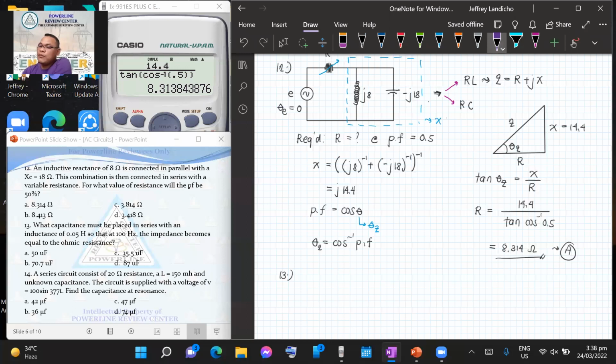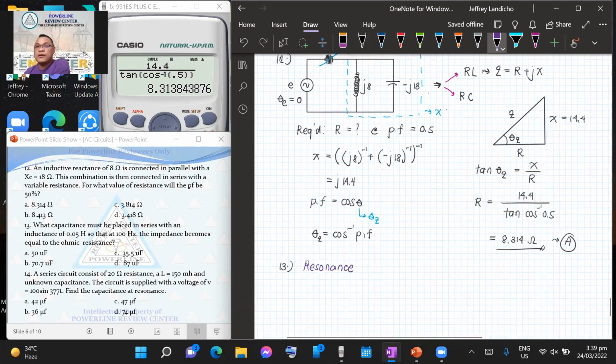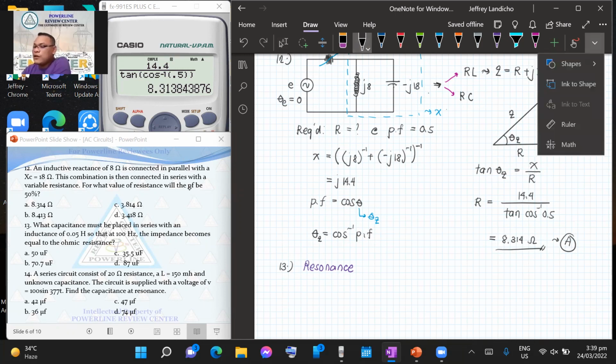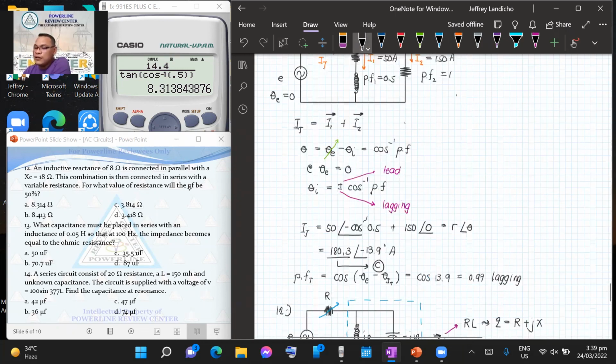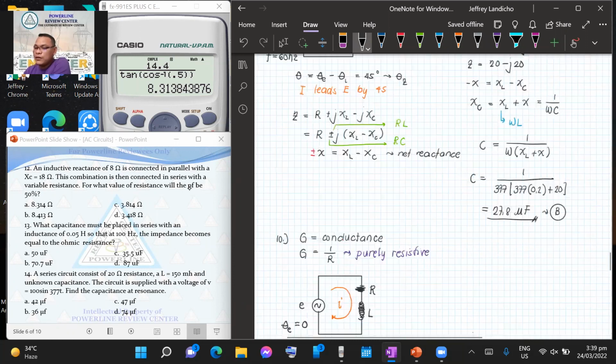If the behavior of the given circuit is just purely resistive, or equivalent to ohmic behavior, ang tawag natin doon is what? Resonance. Okay, so a circuit phenomenon wherein the behavior of your circuit behaves as purely resistive. So kung i-general natin, let's say we have series RL circuit. Sa yung RL ko kanina, hindi ko na i-draw. Ito.